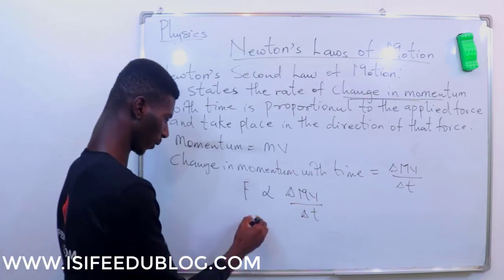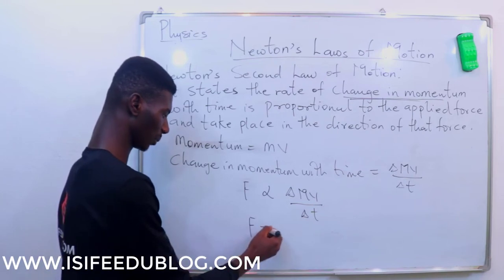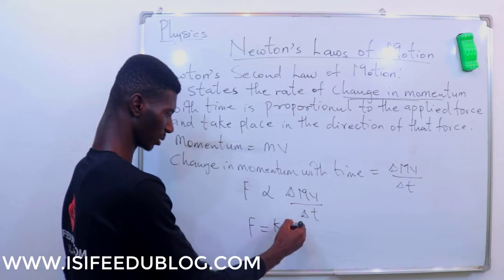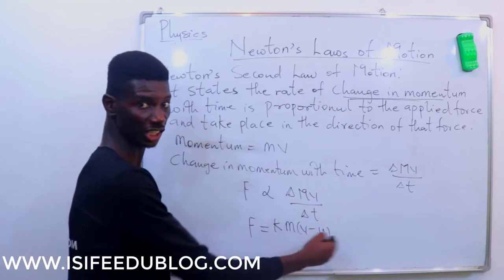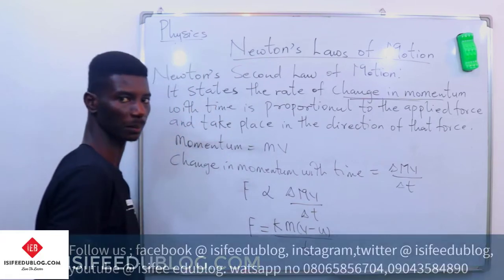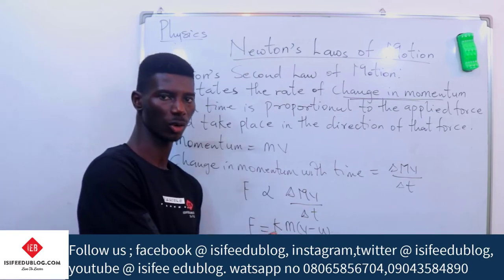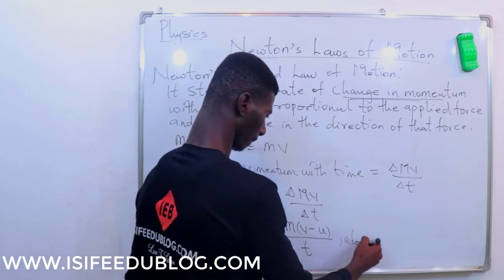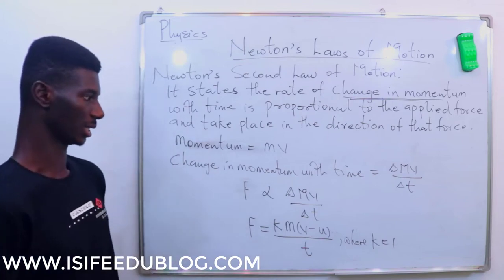So for the force, if I remove the sign of proportionality and put the equality sign with a constant K, this changes to m(v minus u), that is change in velocity, divided by change in time. K is a constant of proportionality. In this case, K is equal to 1.